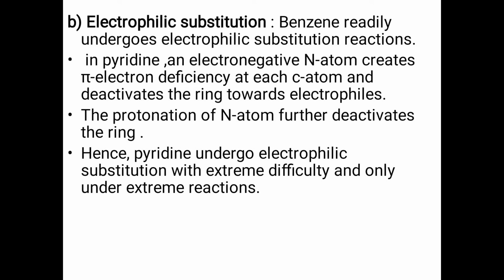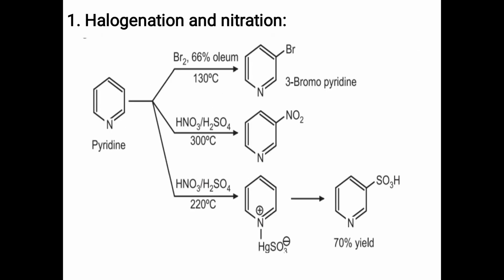Then is the electrophilic substitution. Benzene readily undergoes electrophilic substitution reaction. In pyridine, an electronegative N atom creates pi electron deficiency at each C atom and deactivates the ring towards electrophiles. So the protonation of the N atom further deactivates the ring. Hence, pyridine undergoes electrophilic substitution with extreme difficulty and only under extreme reaction conditions.